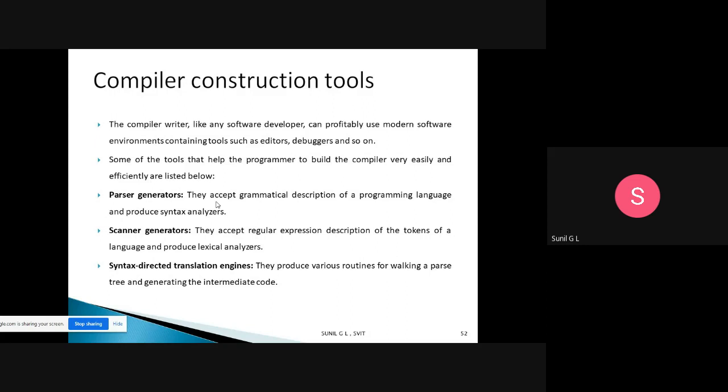Suppose you are declaring grammatical mistakes, such as missing a semicolon or missing a parenthesis; to identify those grammatical mistakes, this parser generator will be used. That is the first one.